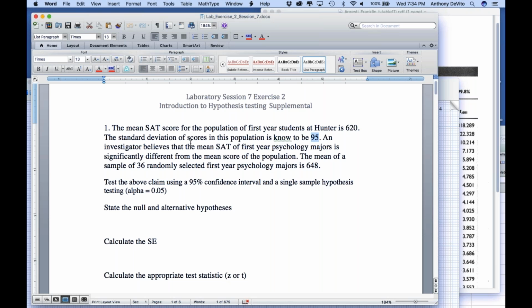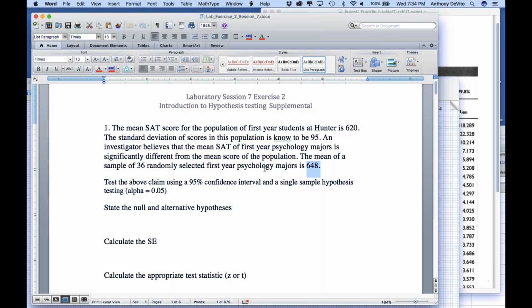An investigator believes that the mean SAT score of first-year psychology students is significantly different than the mean score of the population. He's not speculating if it's greater or less than, just that it's different, right? He takes a random sample of 36 psychology majors, and he finds that the mean for the random sample of 36 psychology majors is 648.